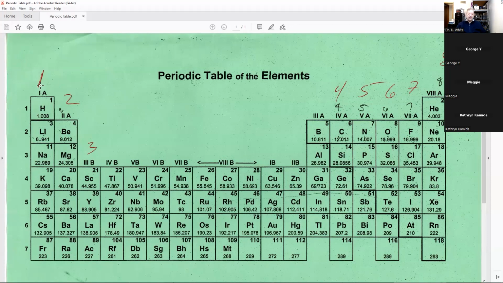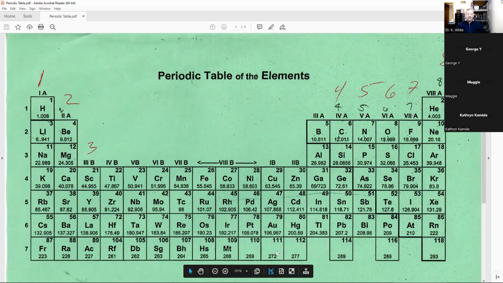So we got our H, we got our sodium, Na, we need our oxygen. Don't look at the atomic number. That's the number of electrons and protons. You look at the number on top in red, and that is 6. So oxygen has 6 valence electrons.